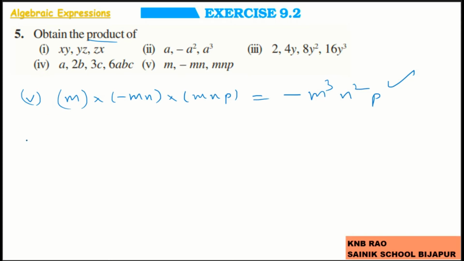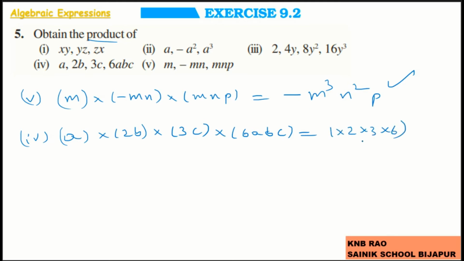Now I'll do the fourth one, a into 2b into 3c into 6abc. So first numerical portions are multiplied. There is nothing means 1, into 2 into 3 into 6, becomes numerical portions multiplied by variable portions such as a into b into c into abc.